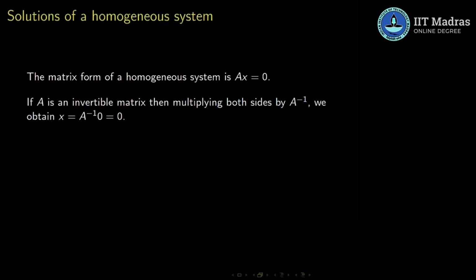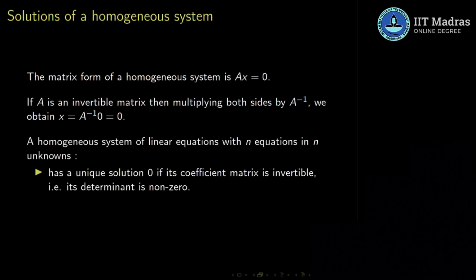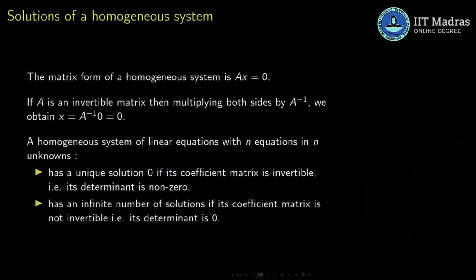So, that means x is 0. A homogeneous system of linear equations with n equations in n unknowns has a unique solution 0 if its coefficient matrix is invertible. That is the same as saying its determinant is non-zero, and here is something extra. It has an infinite number of solutions if its coefficient matrix is not invertible. That means its determinant is 0.